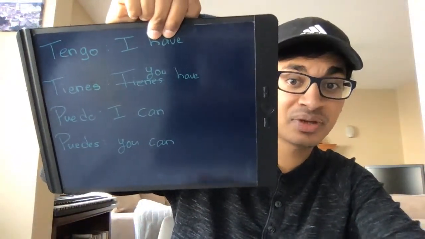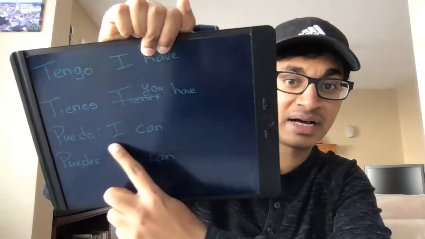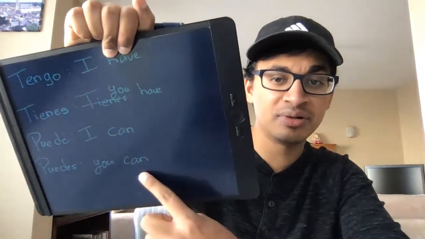All right. Next one, puedo. Puedo and puedes are the following. Puedo, I can. Puedes, you can. So for example, puedo, what can I do? Let's think. Puedo nadar. I can swim.